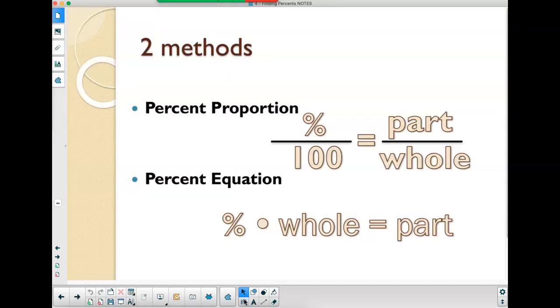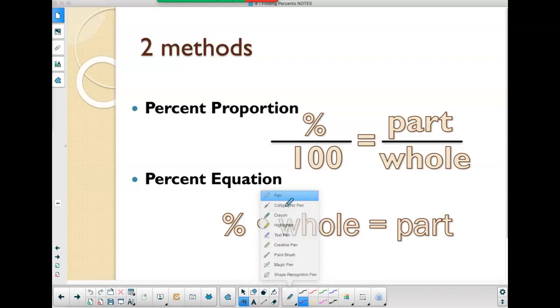Personally, I will say that I kind of like the proportion, and I'll tell you why. When we're using the proportion, we have the percent over 100. The percent in the problem is always easy to pick out because it has a percent sign. And then we have the part and the whole. Now I want you to write something on here.